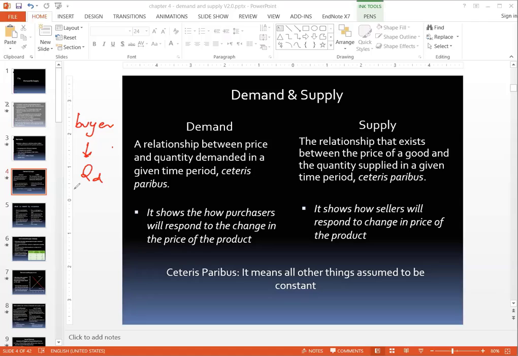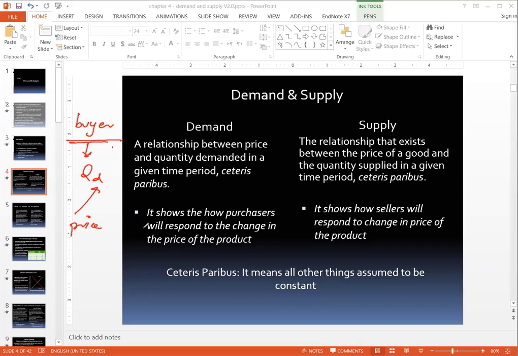But his decision depends upon how much the price of the product is. So the relationship between price and quantity demanded for the buyer is demand. In other words, how much the buyer will buy based upon the given prices is demand.